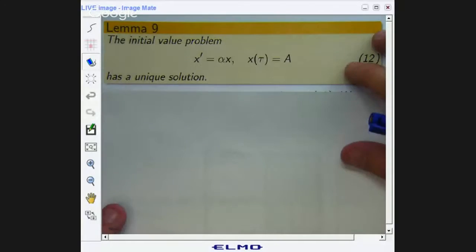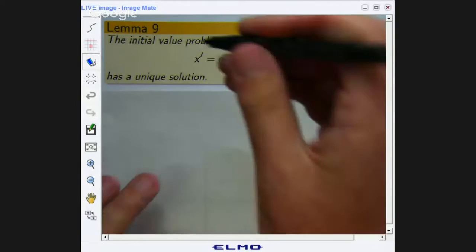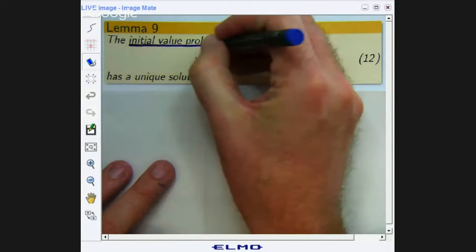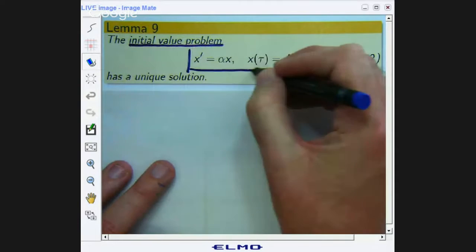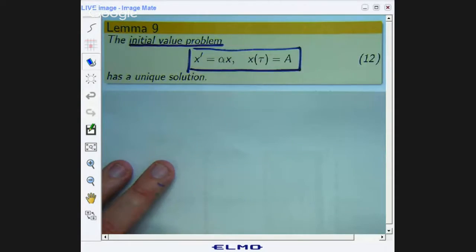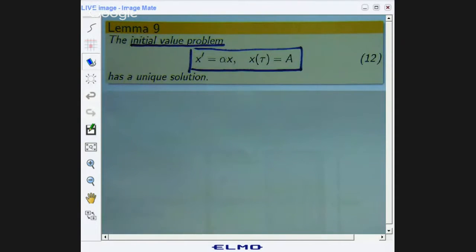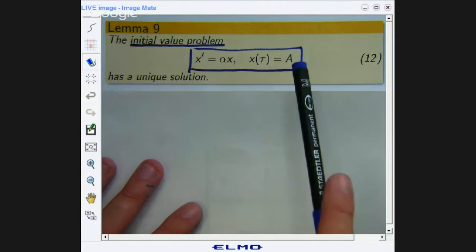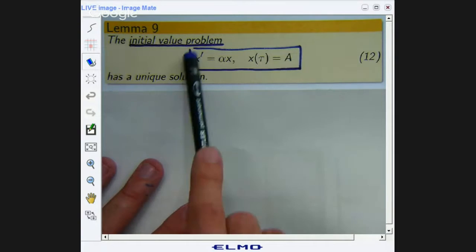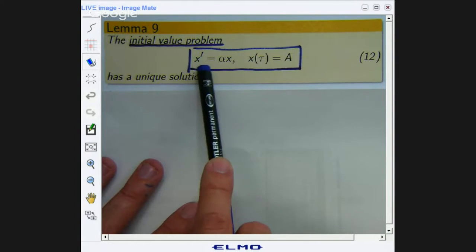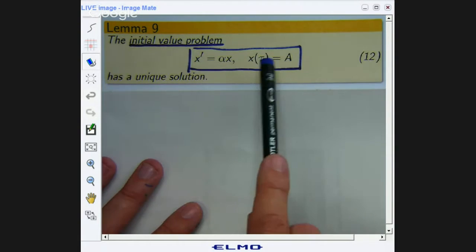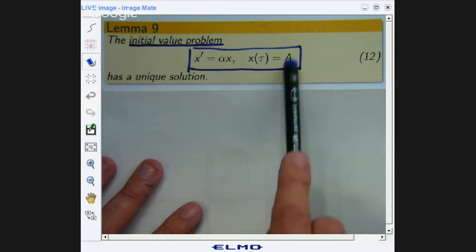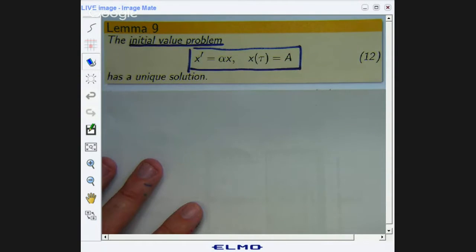Okay, here is the idea that we're going to look at. Now, if you take a first course in calculus, a first course in differential equations, or maybe a second course in calculus, or even at high school, you might see this problem here where dx/dt equals a constant times x, and you have some information about the solution x at a point.